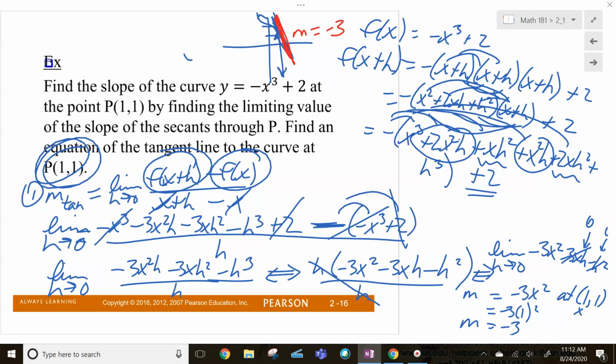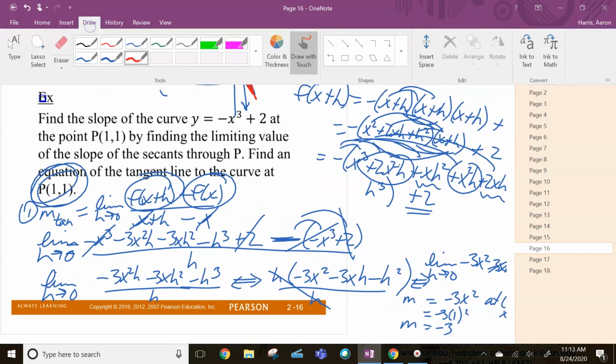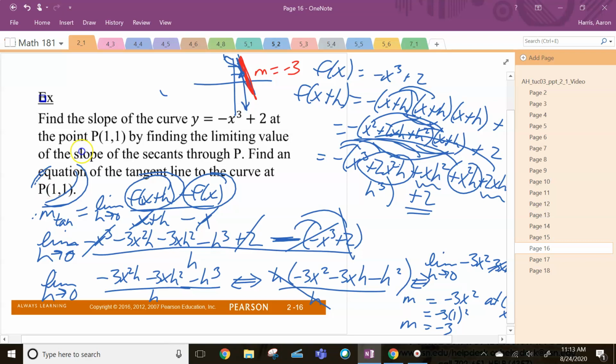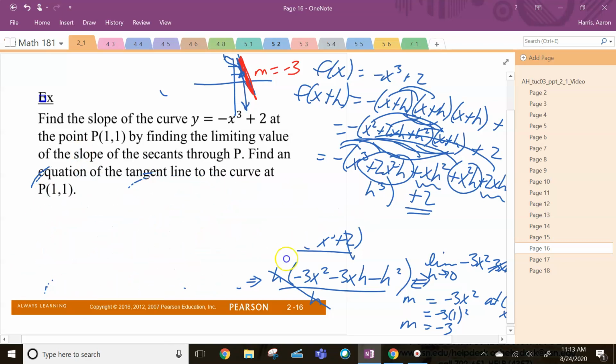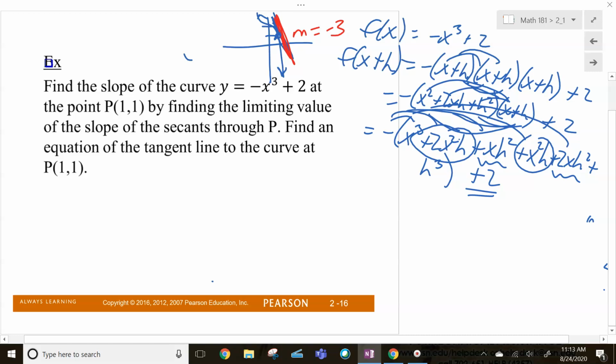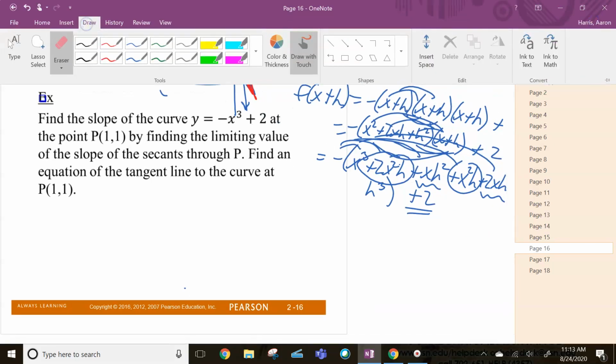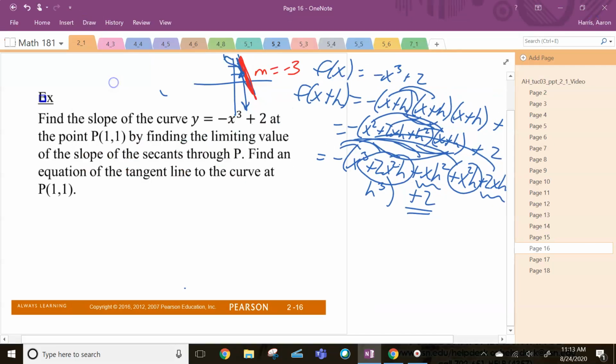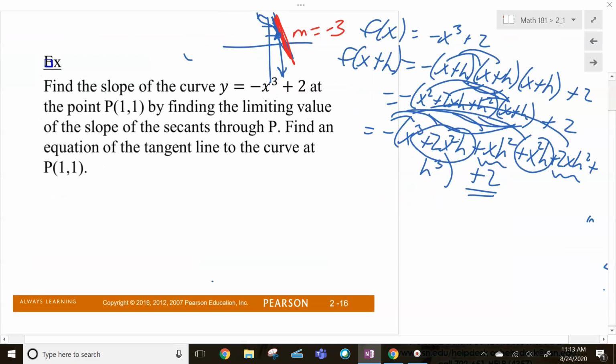So now that I know that, I'm going to have to clear up some space here. I know my slope's -3, and I'm trying to get the equation of the tangent line. Slope -3 at the point 1, 1.